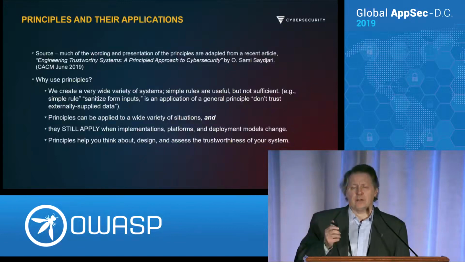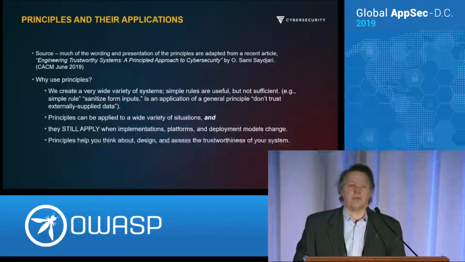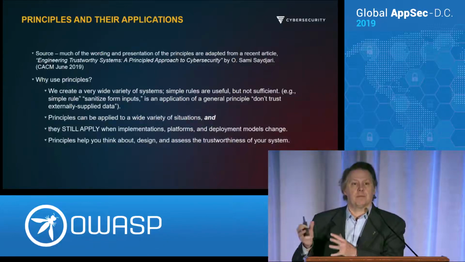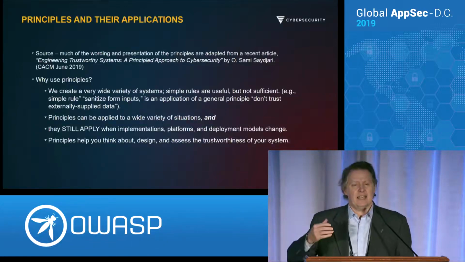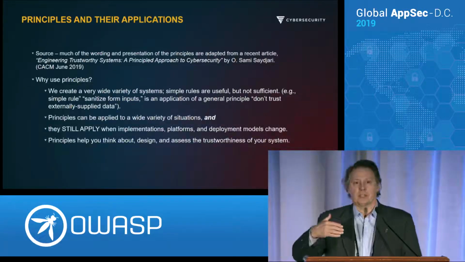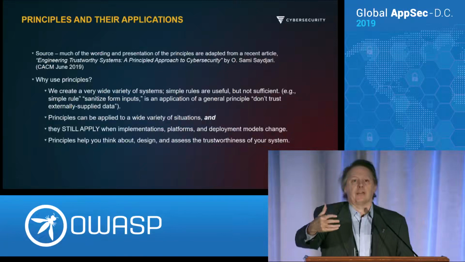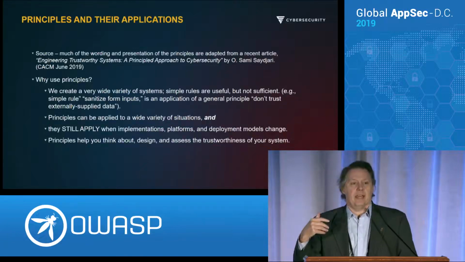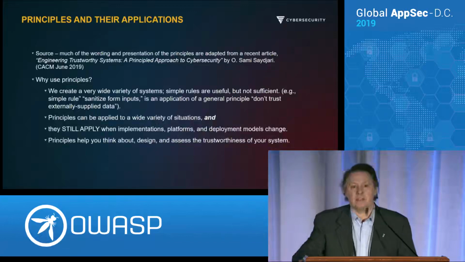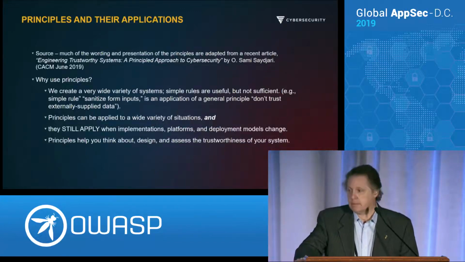And as I said earlier, the most important thing about picking the principles that you're going to apply for your system and then applying them consistently is not at the beginning when you're building the system and you understand all the parts, but a couple of years later when you're trying to maintain it and it's grown and gotten more complex and it's interfaced to more other things. And that's when sticking to the principles really matters, okay?